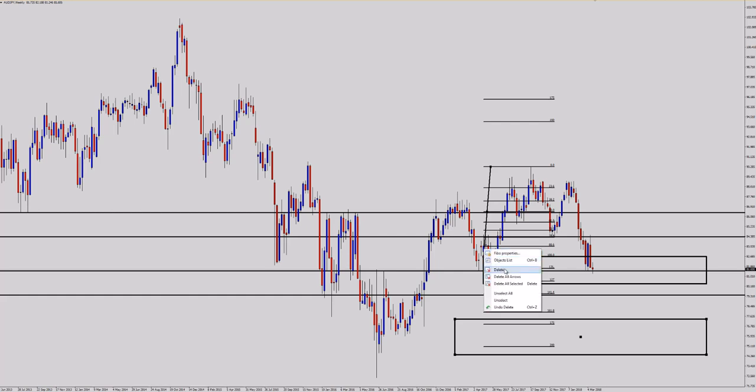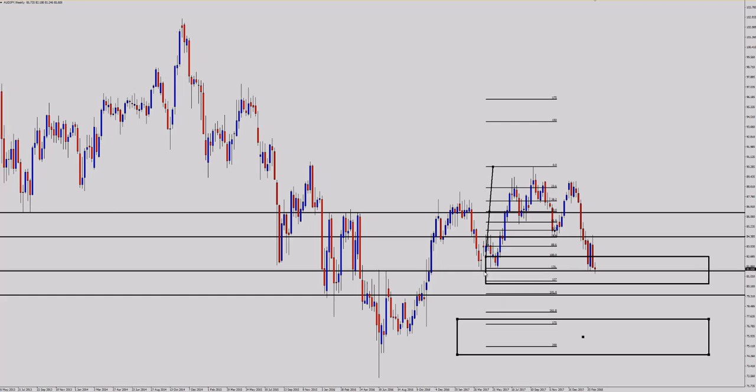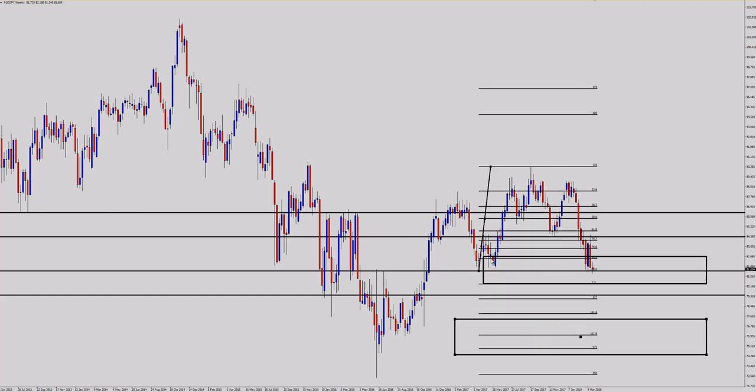Clean this up a little bit. Bring this down here. We got another buy zone that comes in right in here, and our area of support, a significant area of support, is right in the middle of this buy zone. So we're going to want to be paying attention right in this area to potential opportunities, and we'll go ahead and just draw that out.